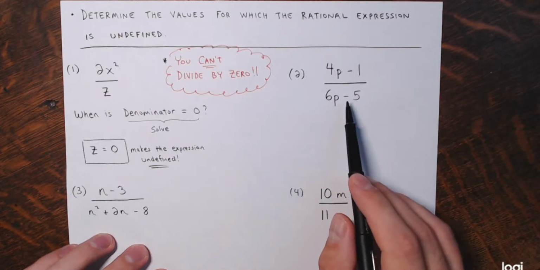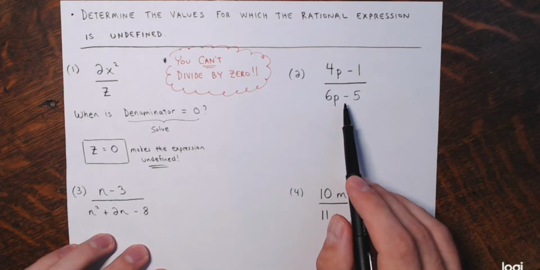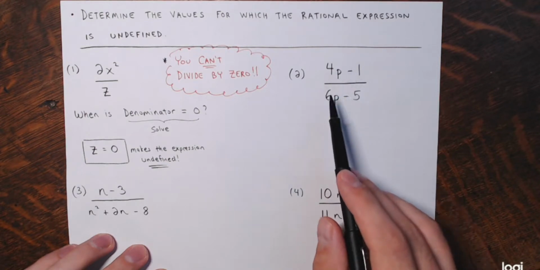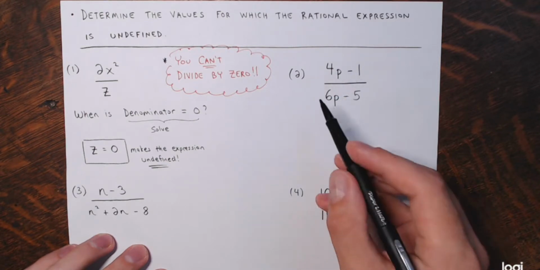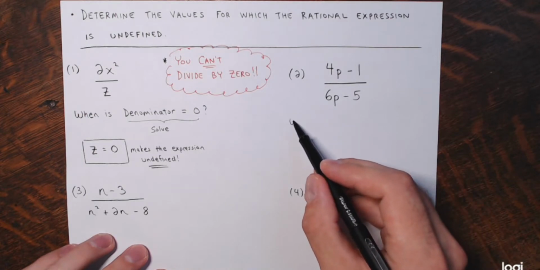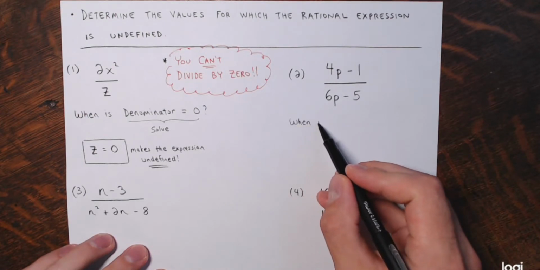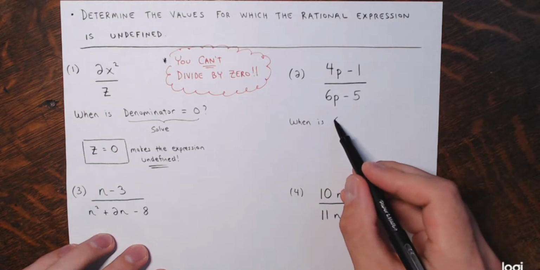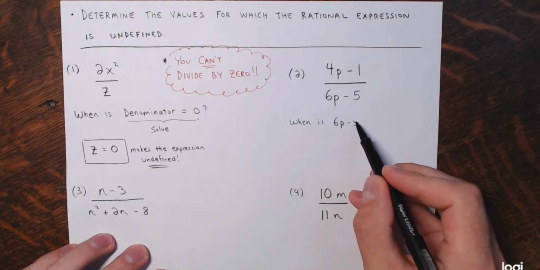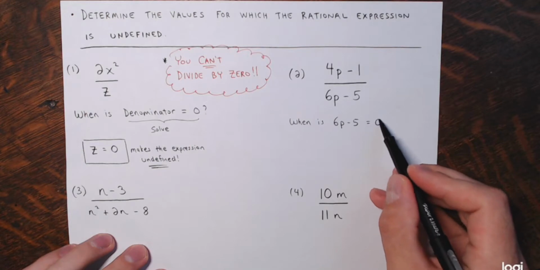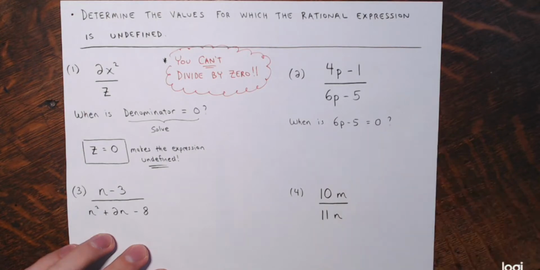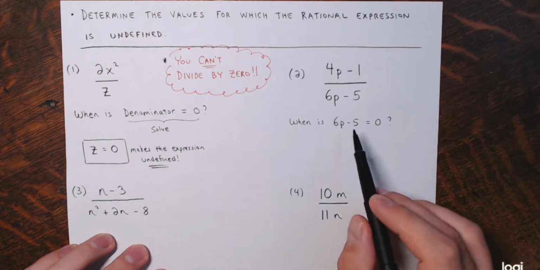But when it won't be defined, when I can't say what value this represents, is when the denominator is 0. So again, the question is, when is the denominator 6p minus 5 equal to 0? And that'll be the value I can't use, or those will be the values I can't use, right? Because you may have more than one value that makes the denominator equal 0. Well, this one, there's only one value right now.